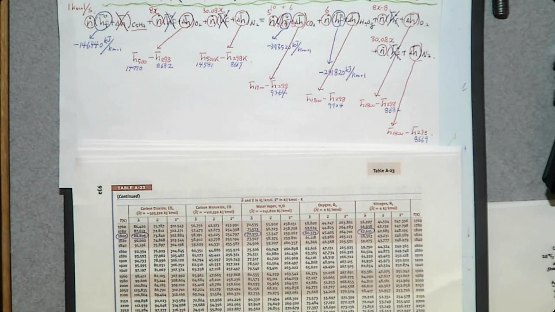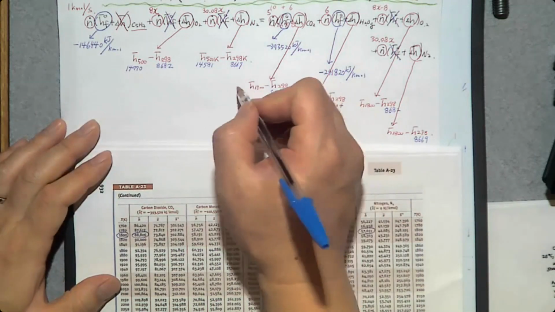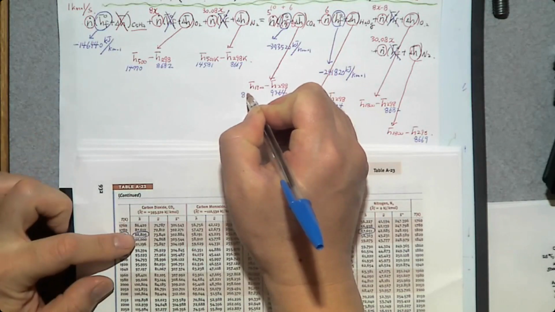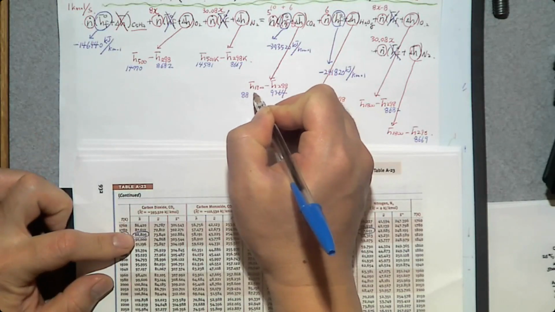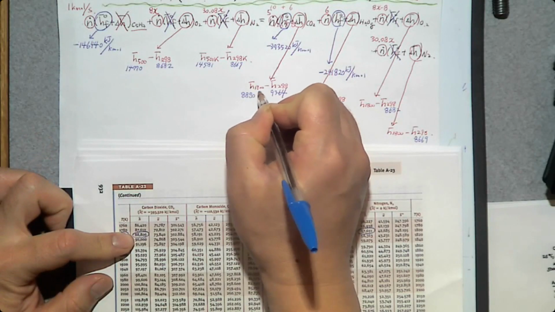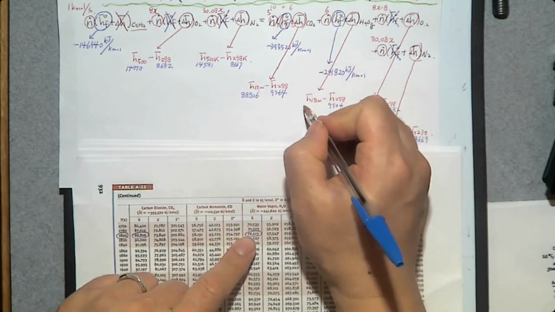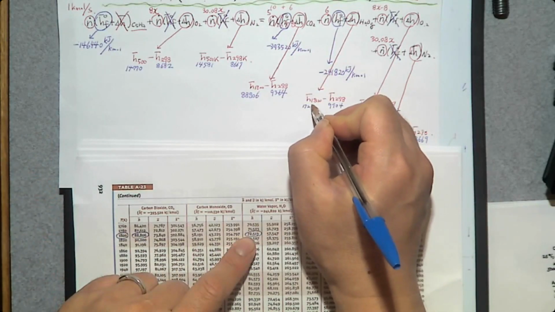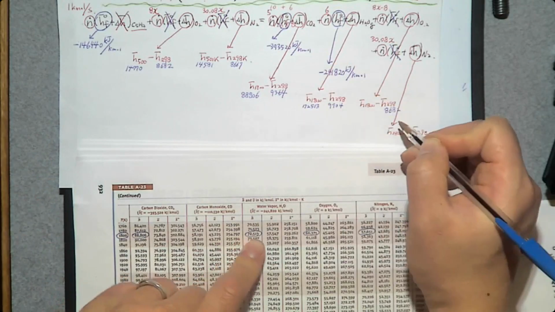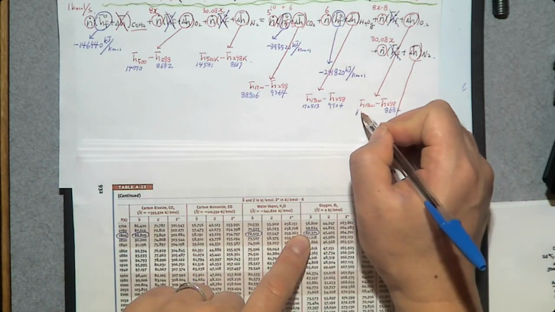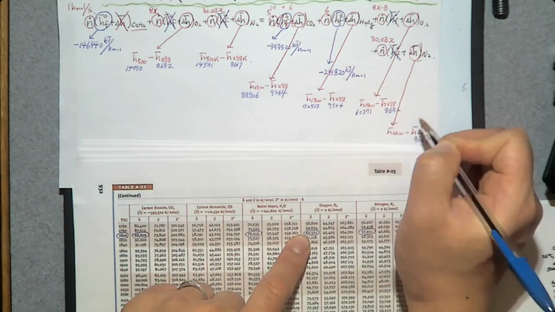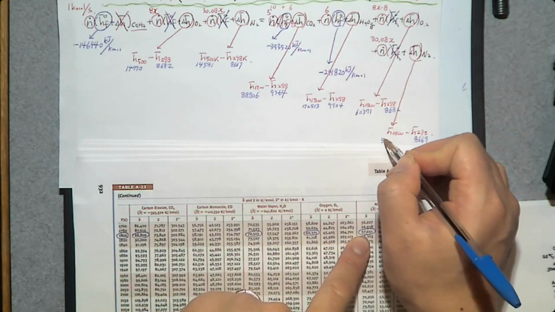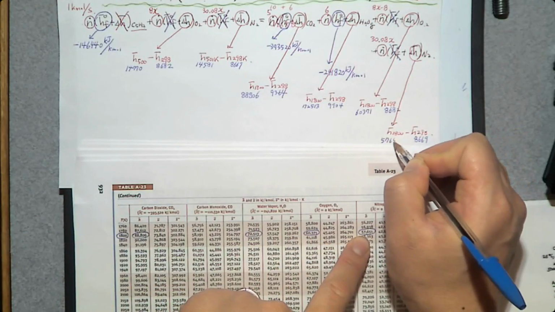So I'm going to write these four numbers here: 88,806, 72,513, 60,371, 57,651.